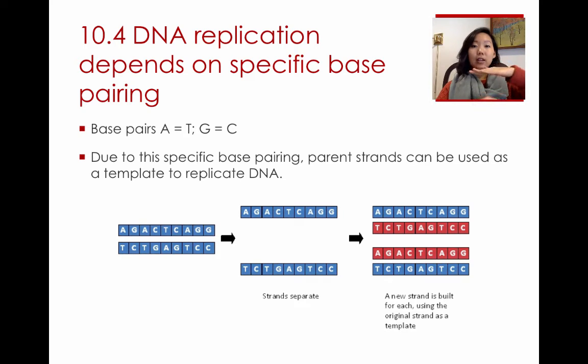And so this parent strand right here will just base pair with all of its complementary pairings. So if it's A, T, G, then it'll be T, and so on, all the complementary ones, and same with the bottom one. And so what you'll have is two new molecules of DNA that are exactly the same as the parent one.